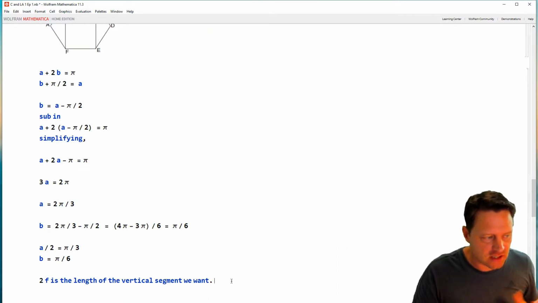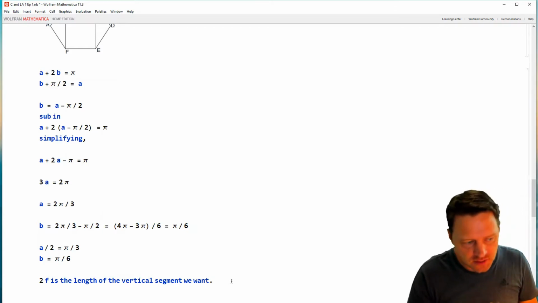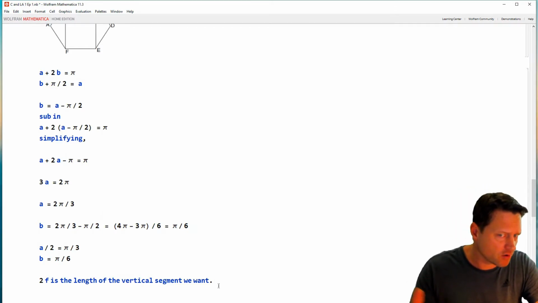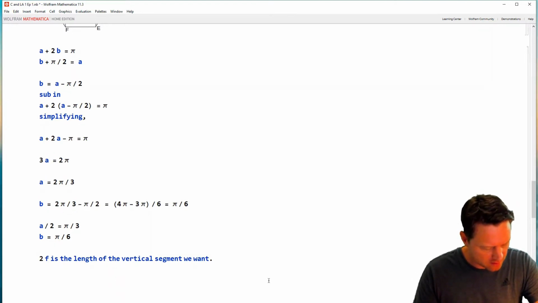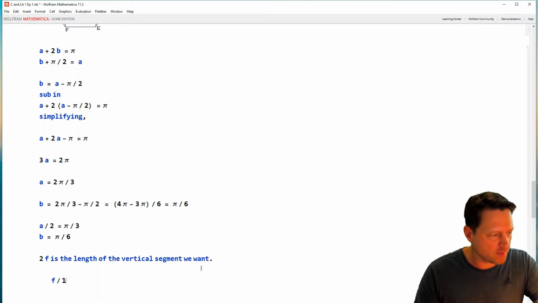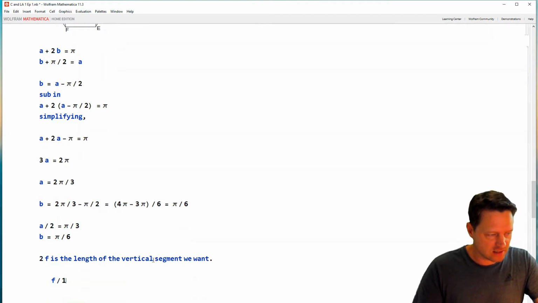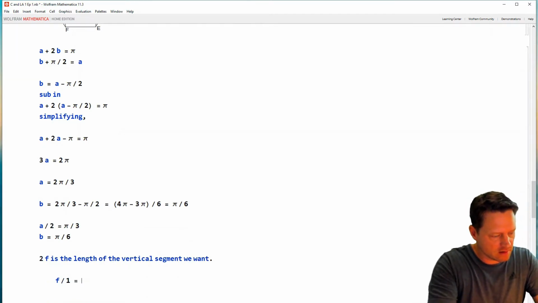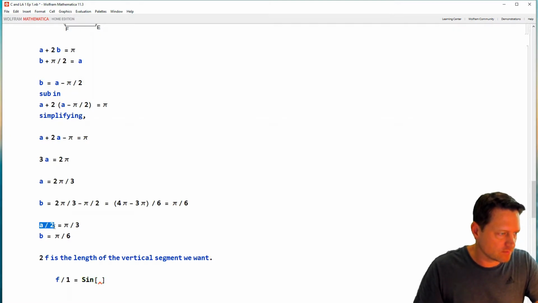And I'm imagining a triangle here in the upper left area, a right triangle. I'm not going to draw it here. I just want to be quick about this. Okay, so then what we have then is F over the hypotenuse length, which is 1, is equal to the sine of the angle a on 2.